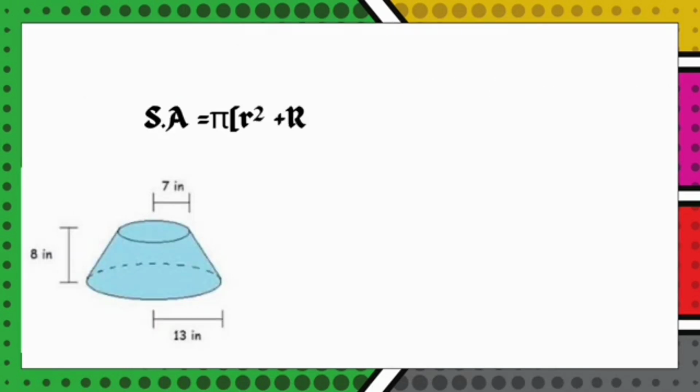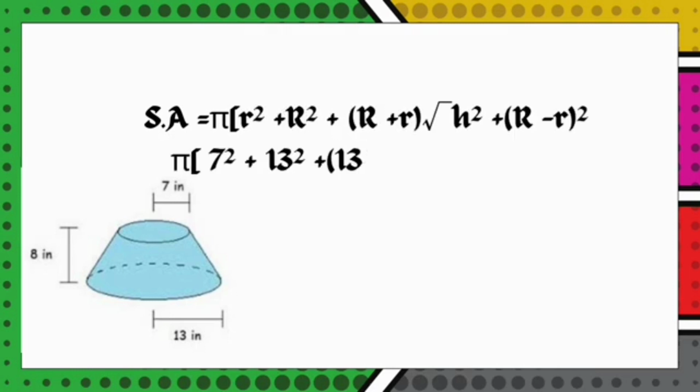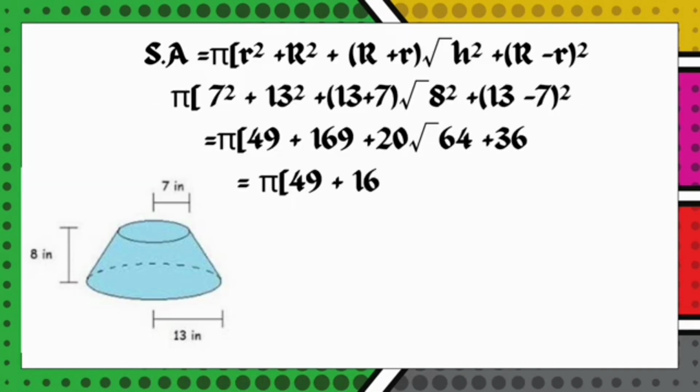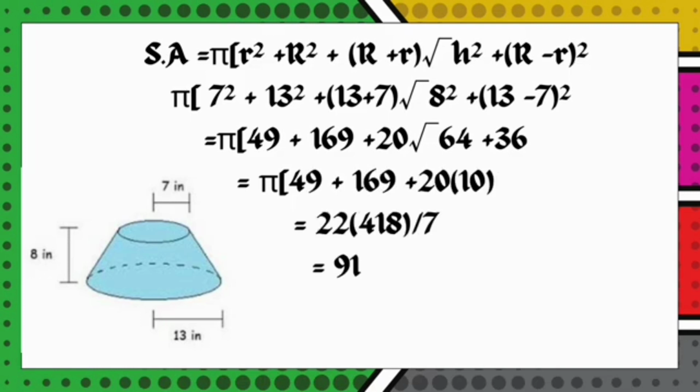From the solution, the formula for the surface area of the frustum of a cone is pi into the small radius squared plus the big radius squared plus the big radius plus the small radius times the square root of the perpendicular height squared plus the big radius minus the small radius squared. When you substitute your values into this formula and you calculate, the surface area of the frustum of the cone is 1313.71 centimeters squared.